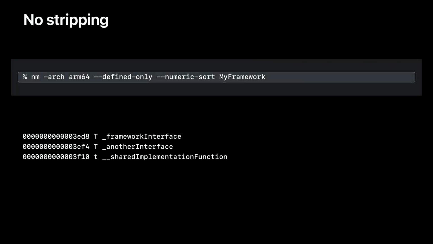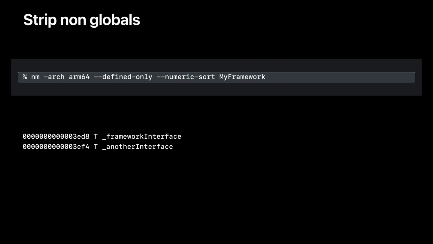For example, here I have a framework that defines two public interfaces and one internal shared implementation function. Since all of these functions play a role in linking, they all have direct symbol entries. If I strip non-globals, then I'm only left with my interfaces. The shared implementation function was only used within my framework, so it isn't considered global.